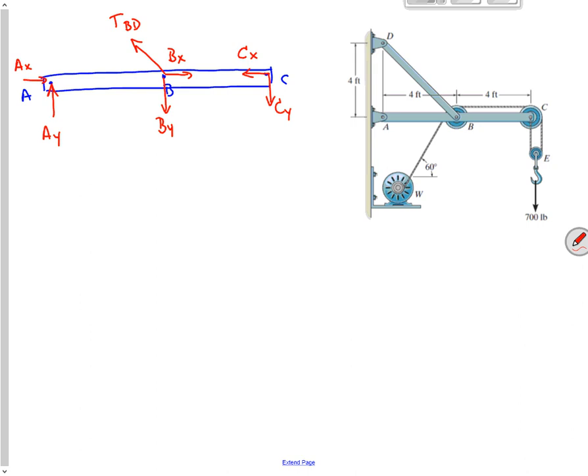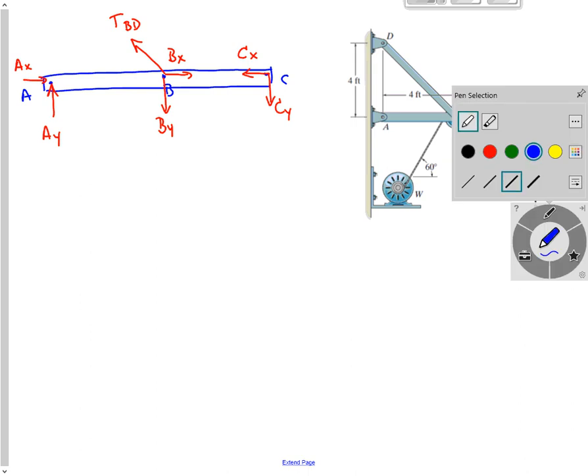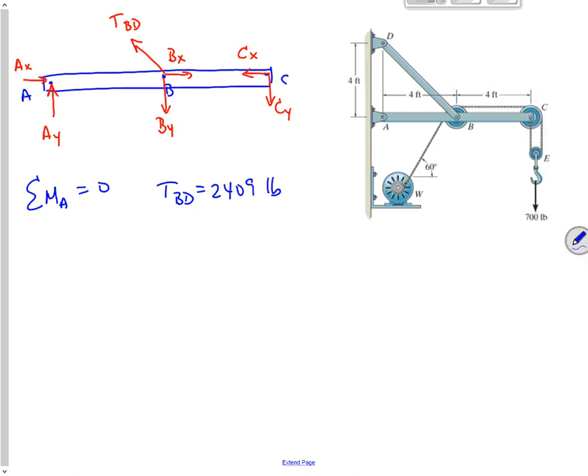So I do the sum of the moments about A equals 0, and from that I get TBD is 2,409 pounds. I do the sum of the forces X equals 0, which gives me AX equals 1,880 pounds.